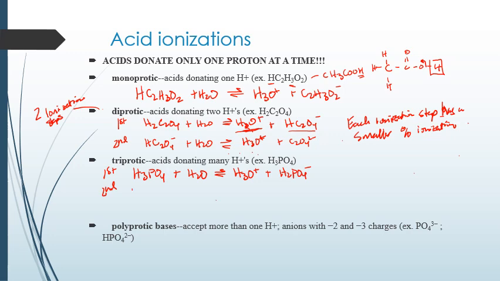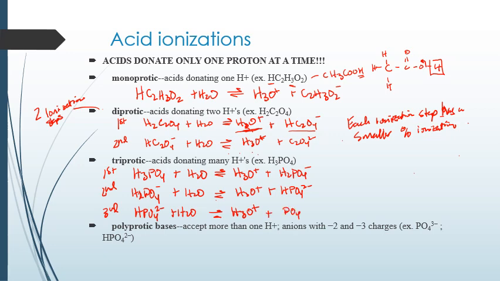My second step, I would take that same H2PO4-, I would react it with a second water molecule, and it would form H3O+ and now HPO4 2-, because I've lost 2 hydrogen ions. And then my third step, I would have the HPO4 2- react with another water molecule, forming a third H3O+, and then I'd be left with PO4 3-.